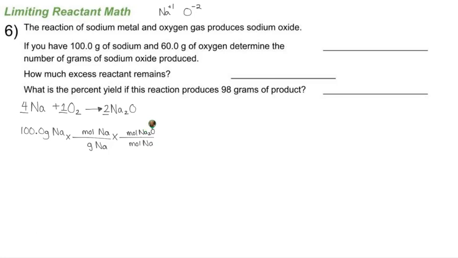Of course you could go all the way to grams, but I'm just going to convert both of my givens into moles so I can figure out which one will be the limiting reactant before I worry about converting into the desired unit of grams. So 60.0 grams of O2, then grams of O2 to moles of O2, and moles of O2 to moles of sodium oxide.